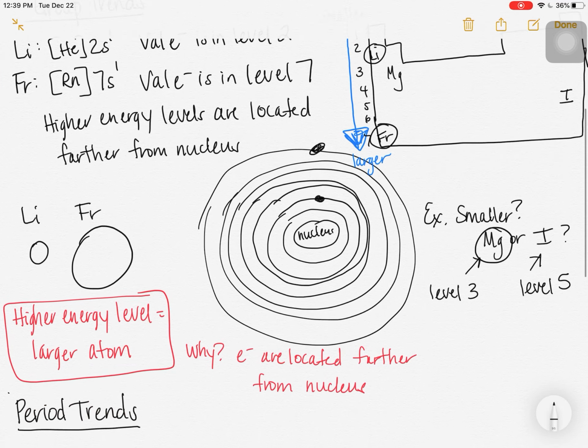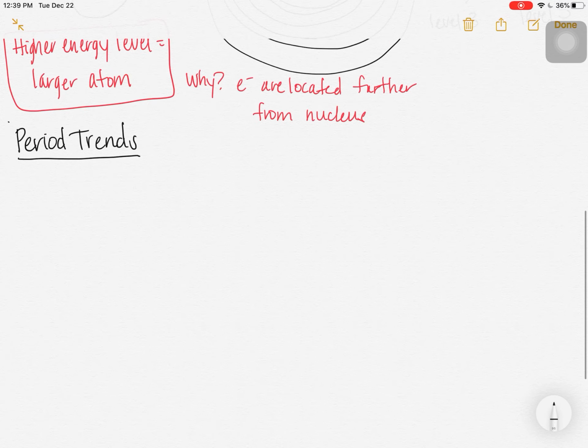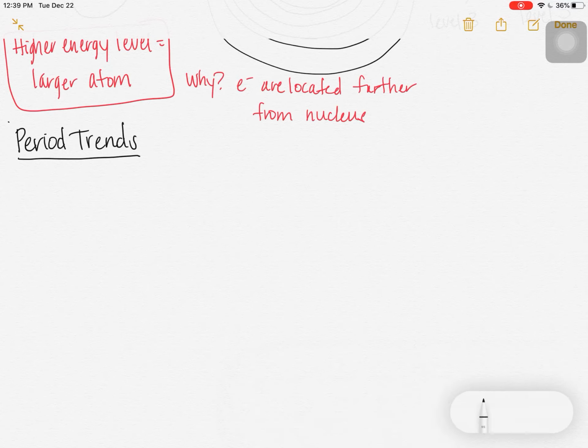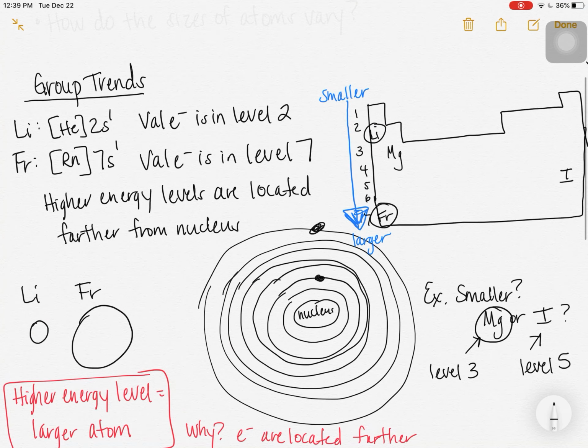However, life gets a little more complicated when we talk about within a period. So be kind of open-minded here. Let's talk about lithium and fluorine. I picked those two because we already identified where lithium is on the table, and fluorine's right here.